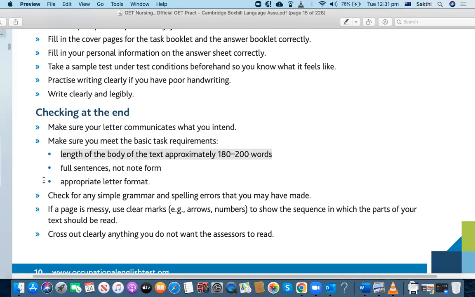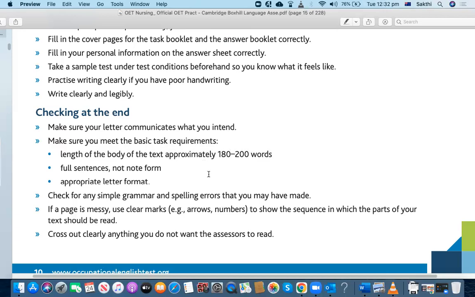Sometimes you may have so many relevant case notes and you have already tried to summarize most of the information, but if it exceeds 200 words and ends at, let's say, 205 or 210 words, that is absolutely okay, as long as you have done a lot of things to restrict it to 180 to 200 words only. You have taken a lot of effort and they will give you credit for that, so that's good.